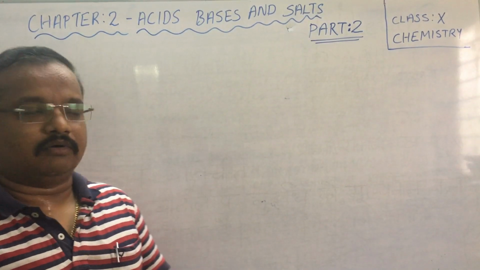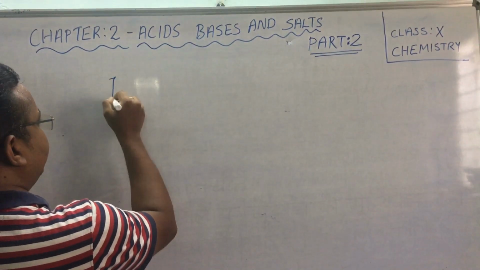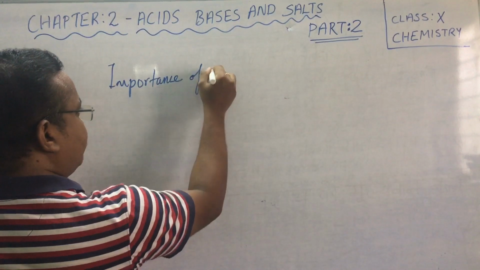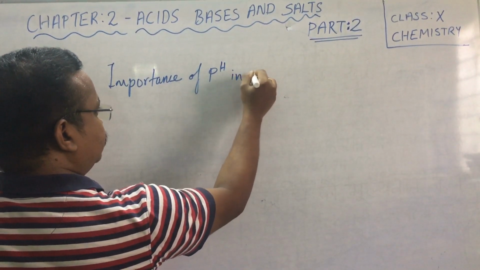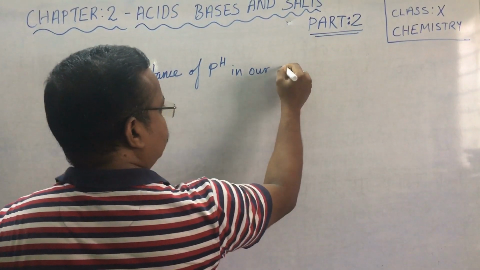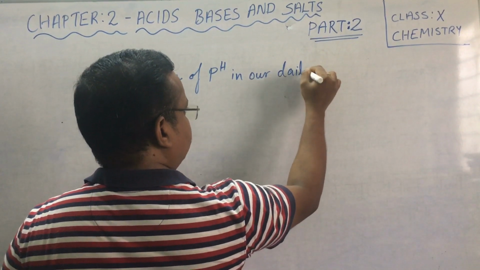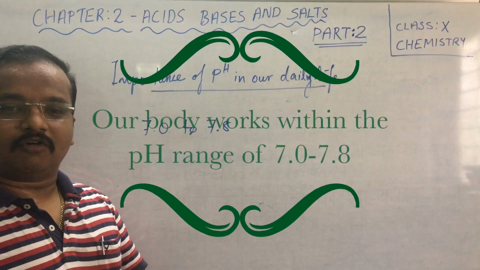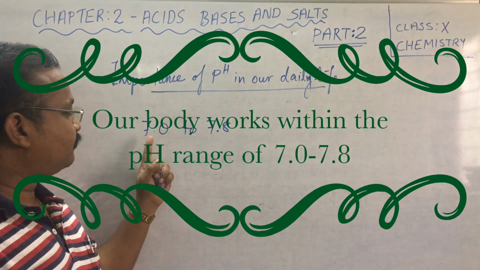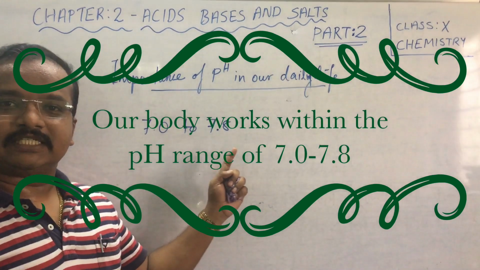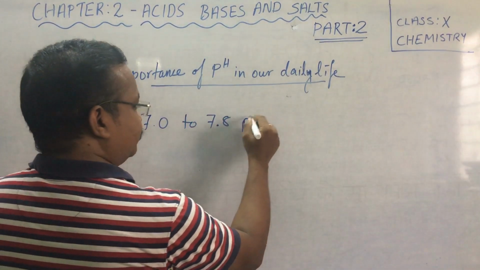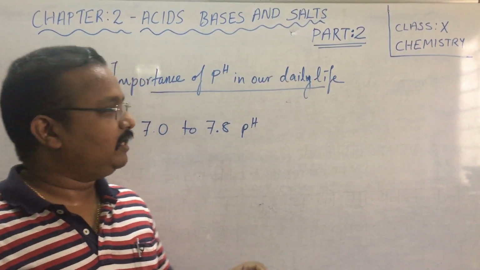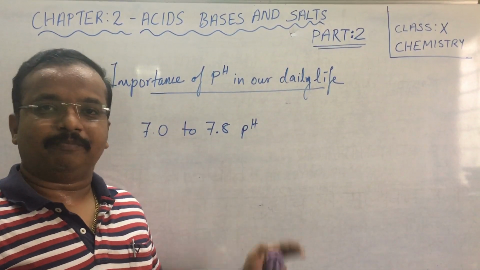Next we shall discuss the importance of pH in our day-to-day life. Our body works in a range of 7.0 to 7.8 pH only. So the sustenance of life in this world is mainly depending upon the pH ranges only.